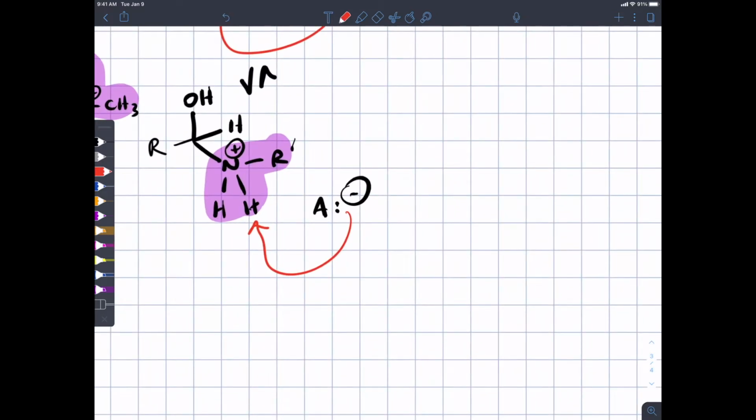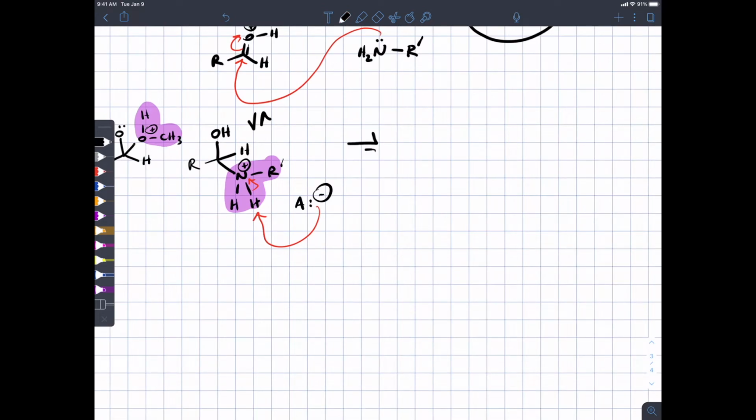The arrow needs to point to the nitrogen. We can remove the proton to generate the following intermediate, where now nothing is a good leaving group. And this should be exactly analogous to what you saw above with the hemiacetal intermediate. You see the analogy? The only difference is instead of methoxy here, we've got the amino group.